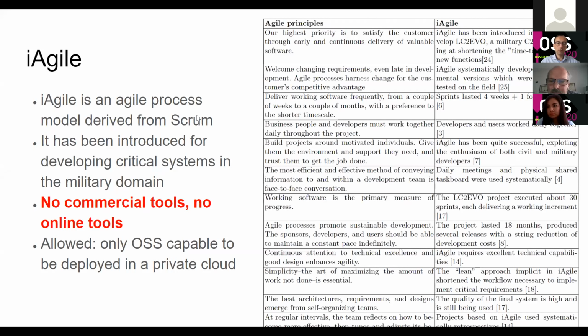But the main thing is probably that we wanted to include no commercial tools and no online tools. The main reason is obvious: high security data cannot be stored on servers that are not under one's control, and even data cannot freely flow outside and inside the organization.